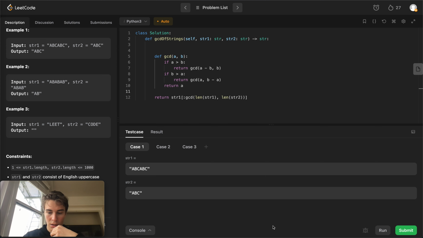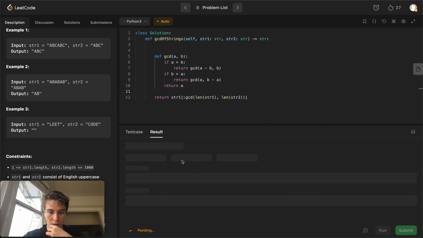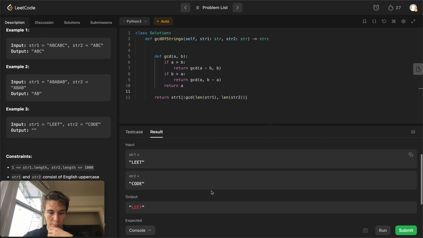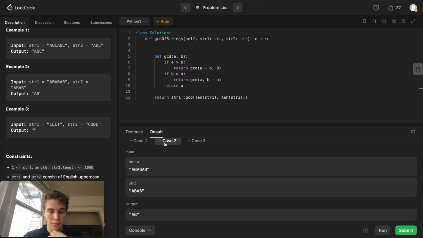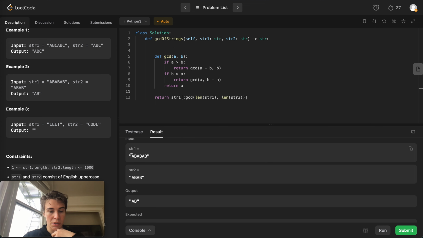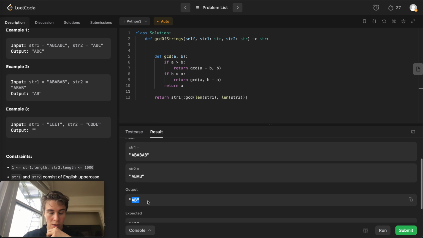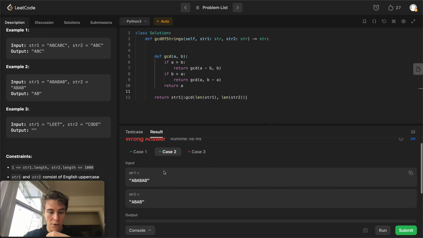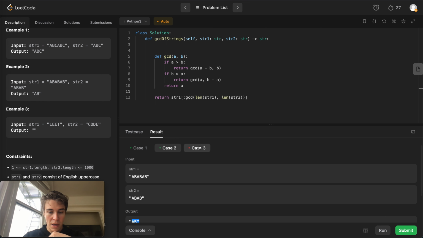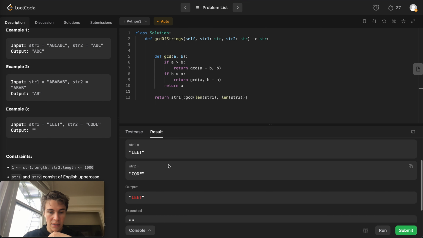And it does, but only for the cases where the strings are actually a multiple of the greatest common divisor. But for the case that it isn't, let's see.